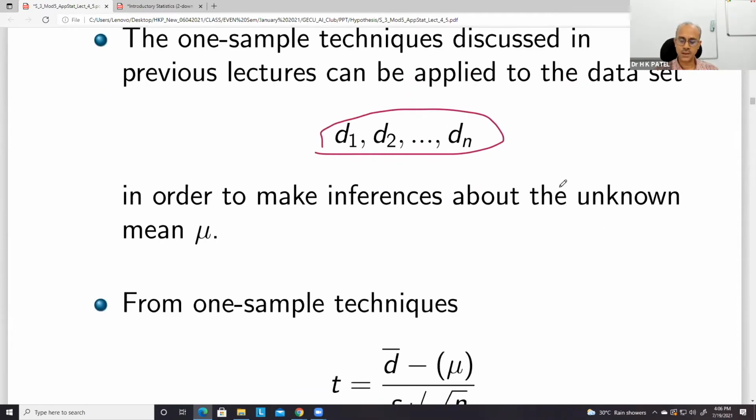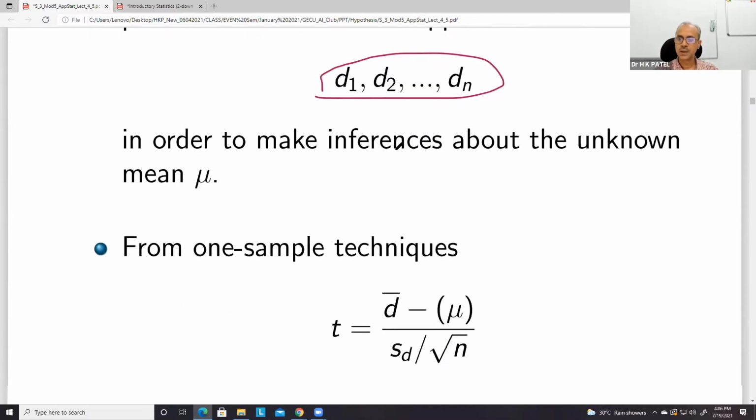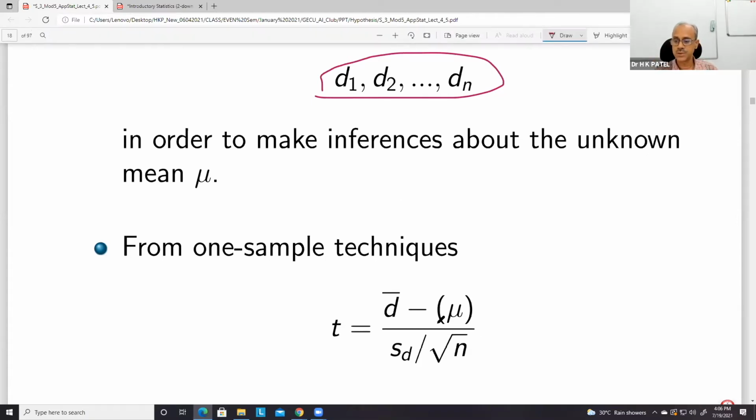If you want to perform hypothesis tests on d1, d2, up to dn, or on the difference between two samples, then we have to use either the T statistic or the Z statistic.